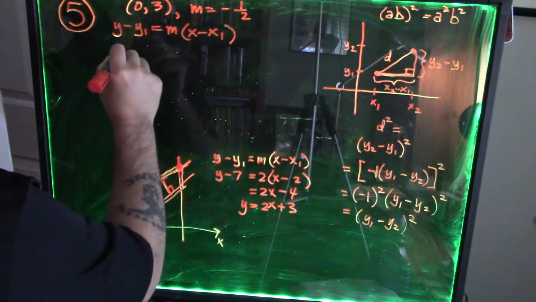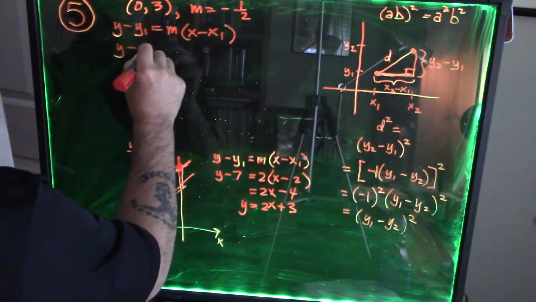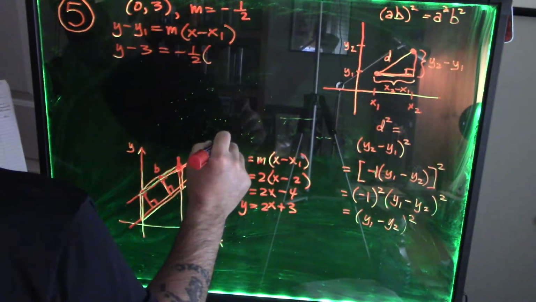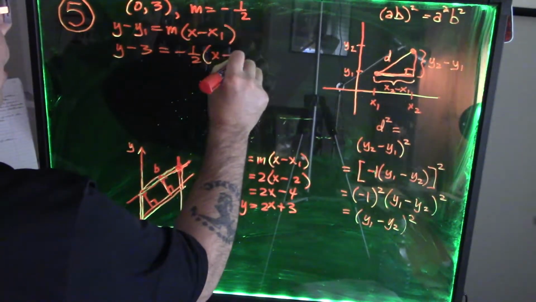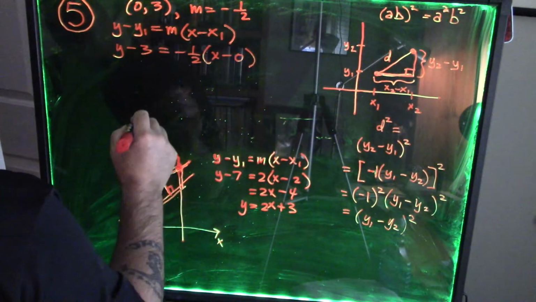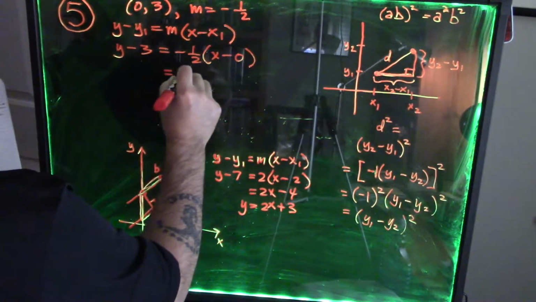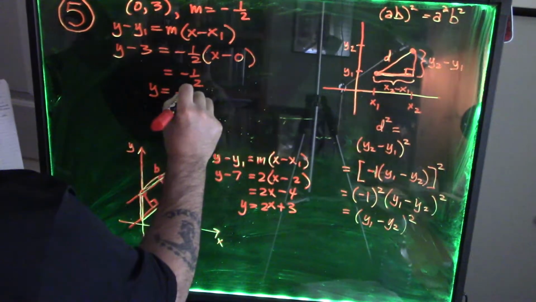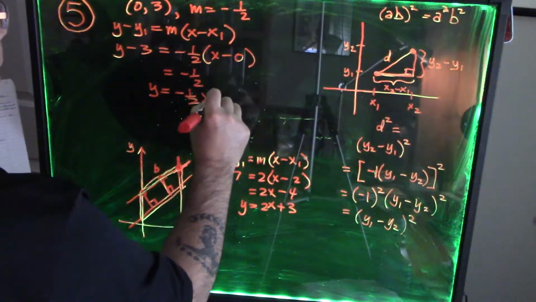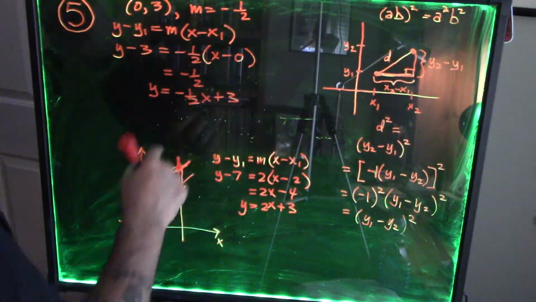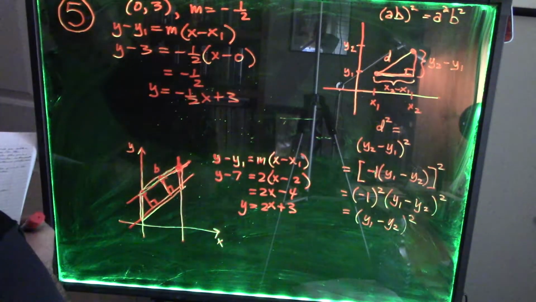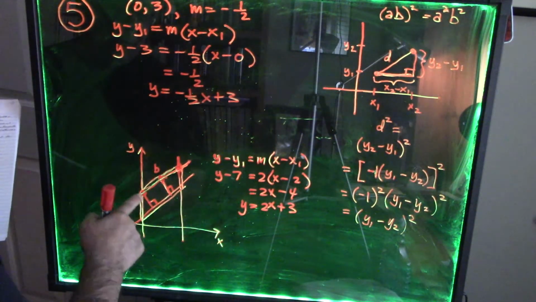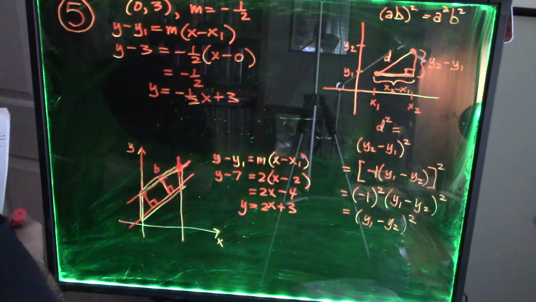So we've got y minus 3 equals -1/2 times the quantity x minus 0. That's where the 0 comes in handy, and so that's just -1/2 x. So y equals -1/2 x plus 3, just transposing the -3 to the other side. So that is the equation of this line right here, this h.